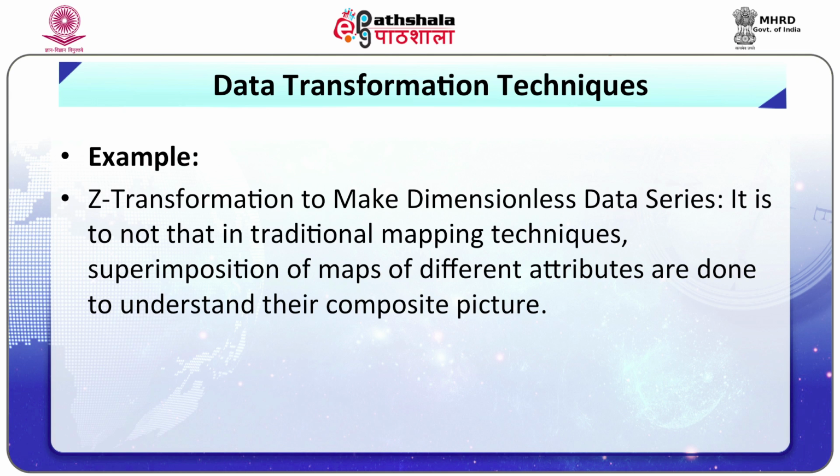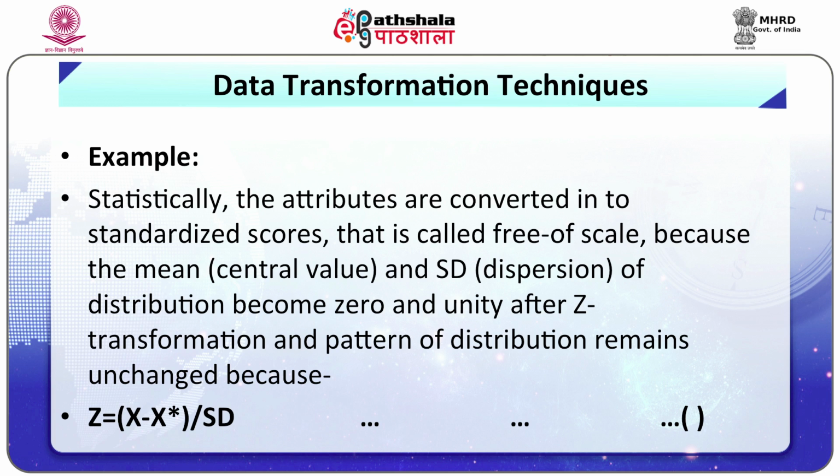Example 1, Z transformation to make dimensionless data series. It is to note that in traditional mapping techniques, superimpositions of maps of different attributes are made to understand their composite picture.